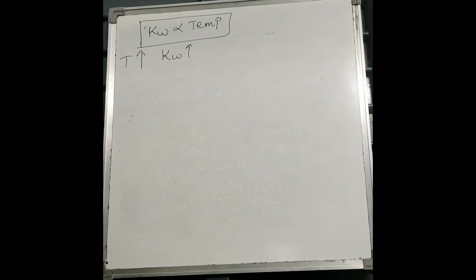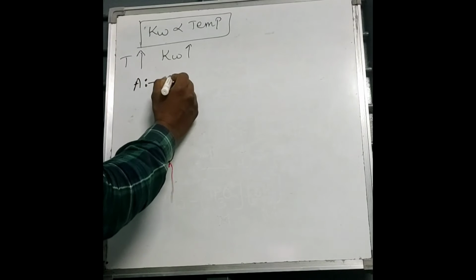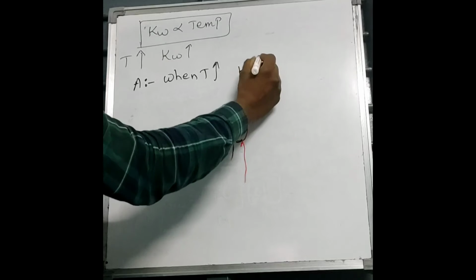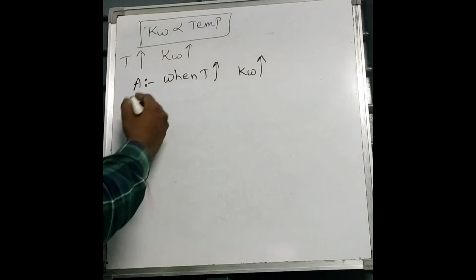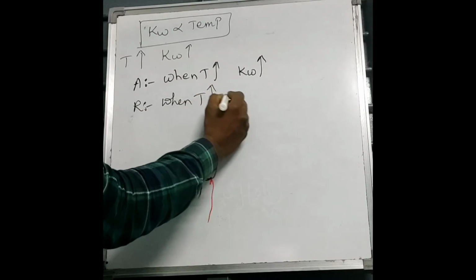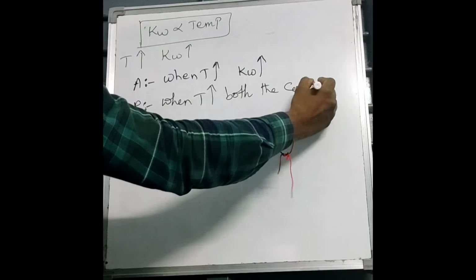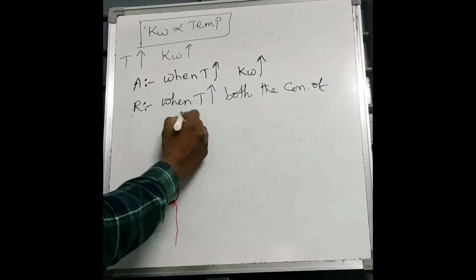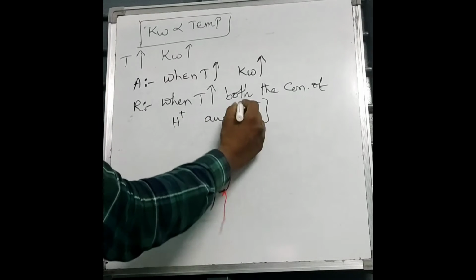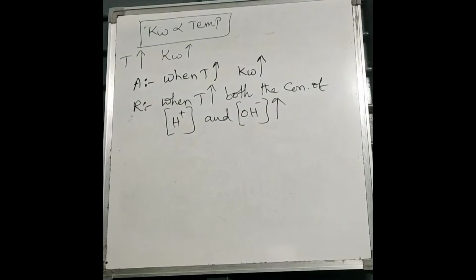Based on this statement, we have an assertion and reason question. Assertion is, when temperature increases, Kw value also increases. For this, the reason is, when temperature increases, both the concentrations of H plus ion and OH minus ion increase.